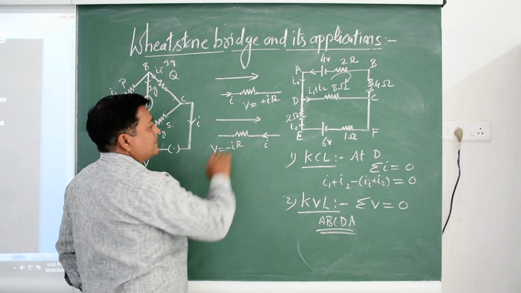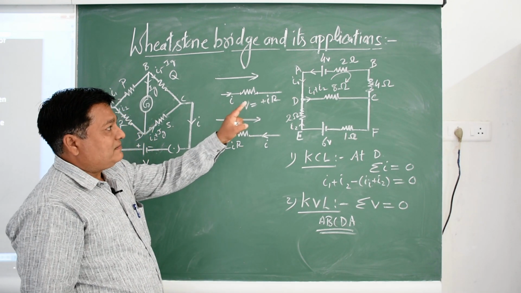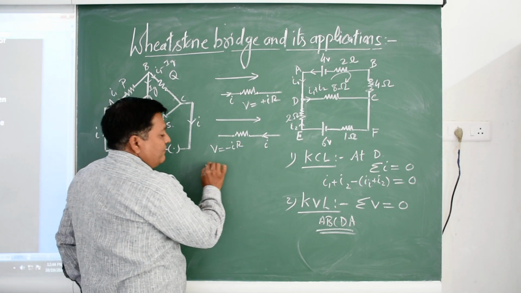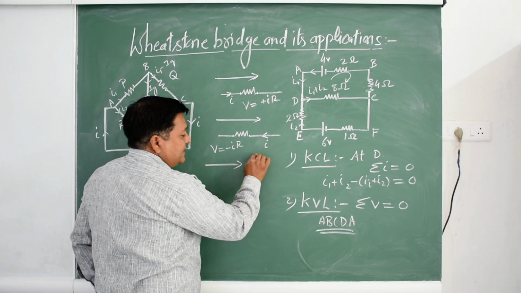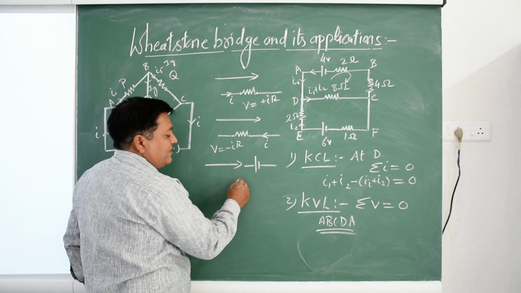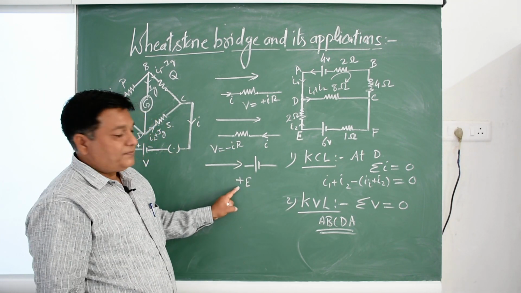If we take the case of a cell, and we are moving in this direction and the positive pole of the cell falls first, then we take the EMF of that cell as positive.